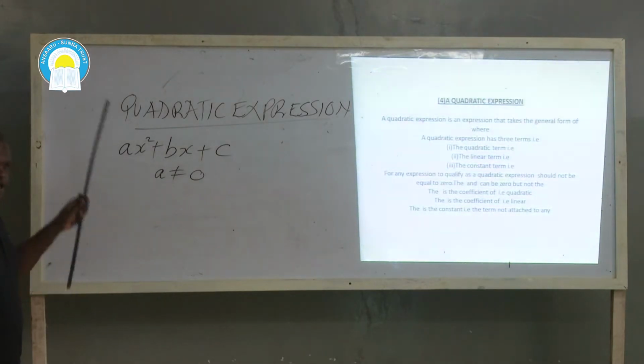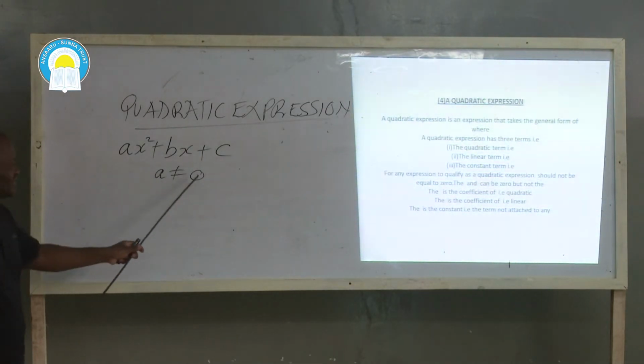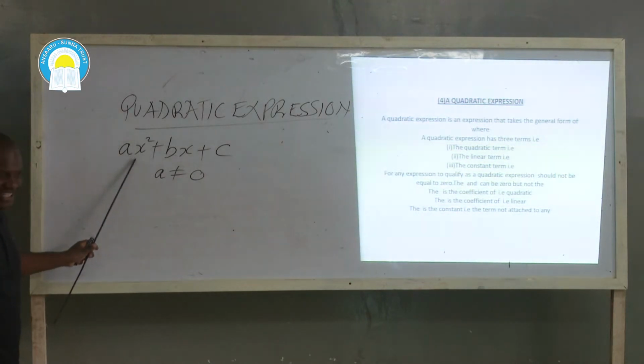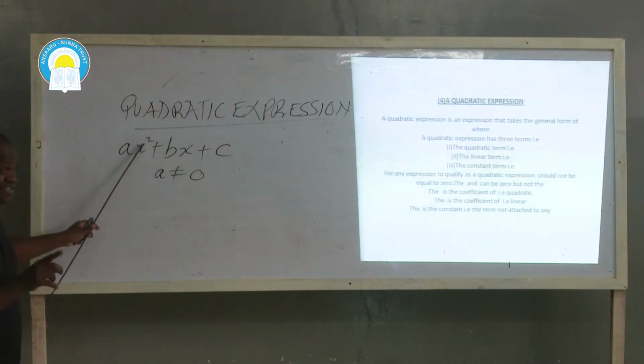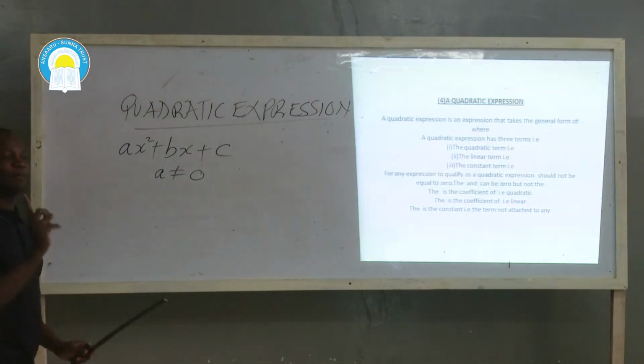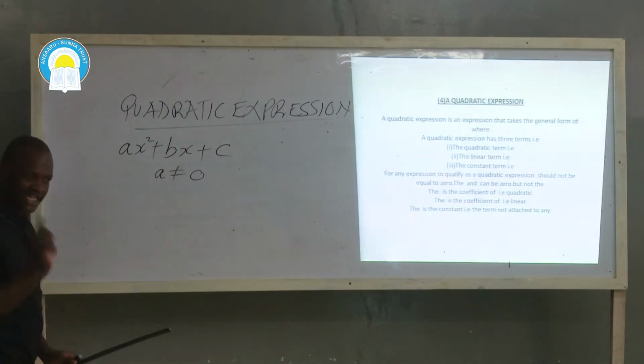Why? The moment a becomes 0, this entire term won't exist. If this term with power 2 does not exist, then that is not a quadratic expression.